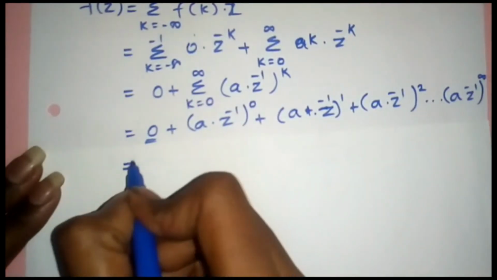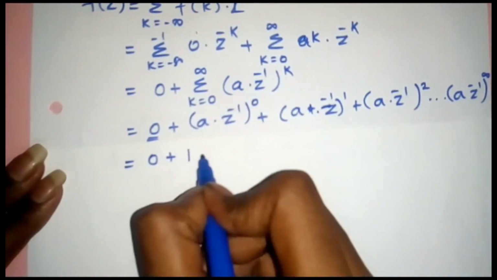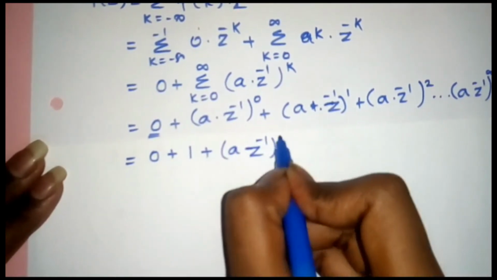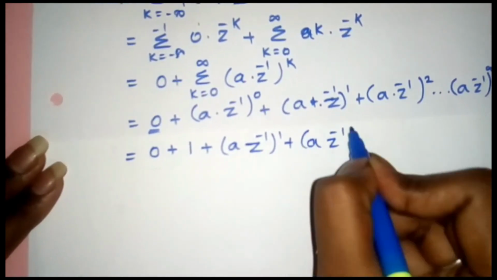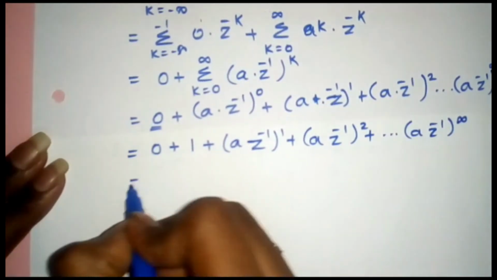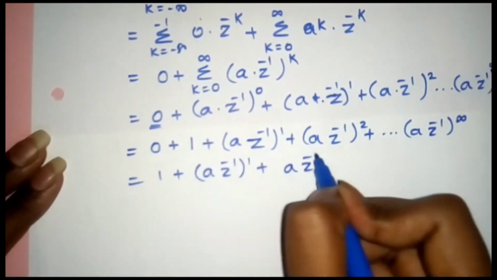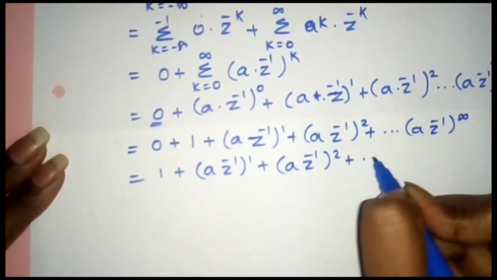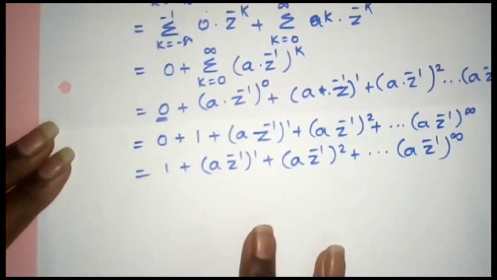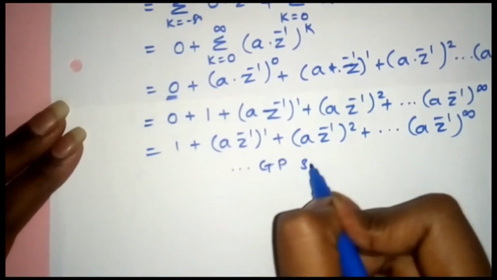Now, anything raised to 0 will become 1, plus a z inverse raised to 1, plus a z inverse raised to 2, plus a z inverse raised to infinity.